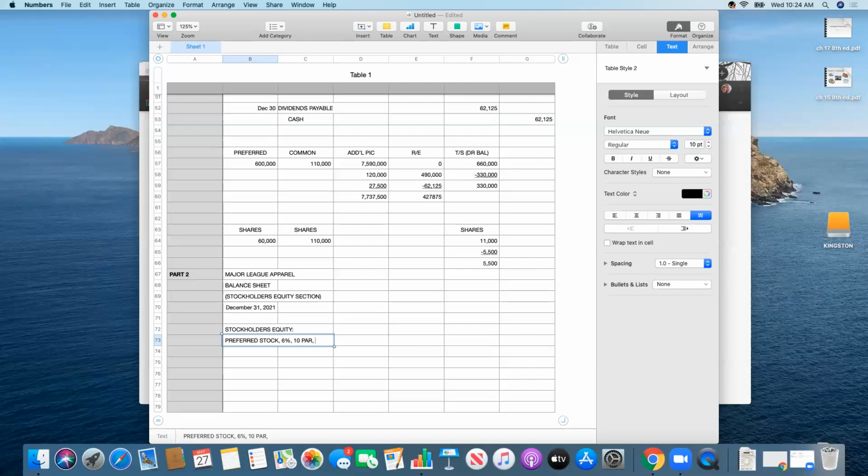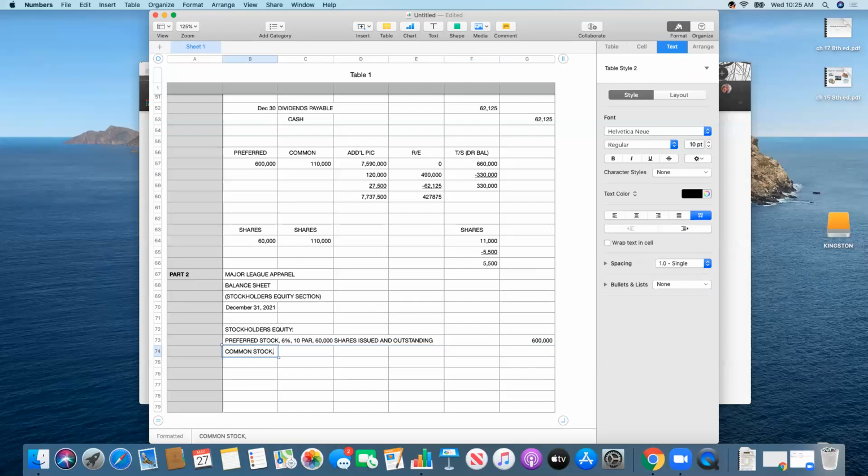How many shares were issued? 60,000 shares issued and outstanding because there was no treasury stock. There is not normally treasury stock on preferred, right? So what's the number we're looking for? 600,000.